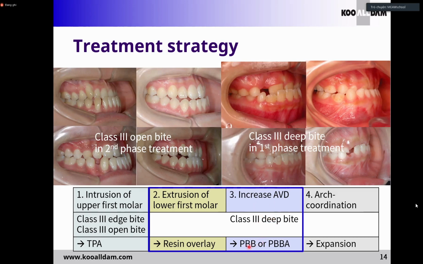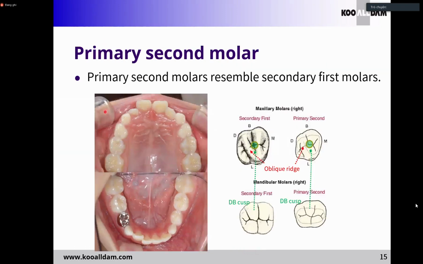We may use PBB or PBBA. As you know, this is a lower primary second molar. Primary second molars resemble secondary first molars. So we should make a permanent first molar shape.